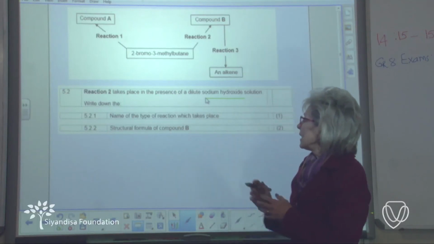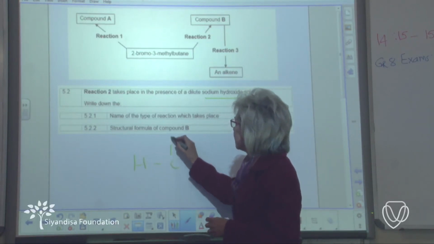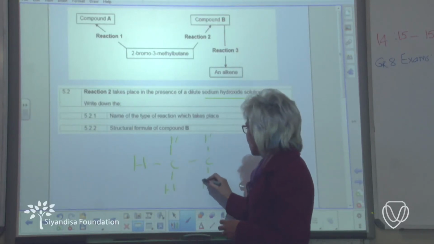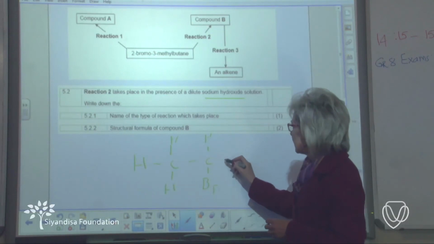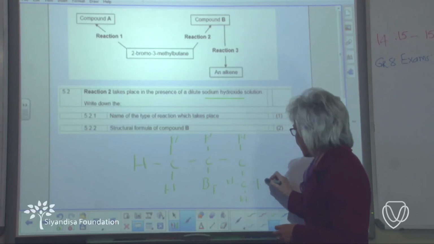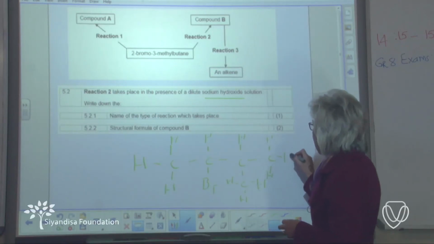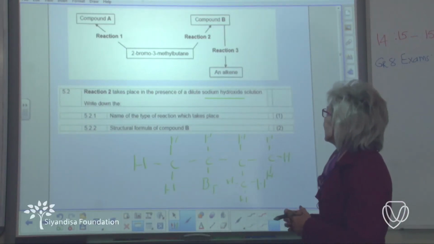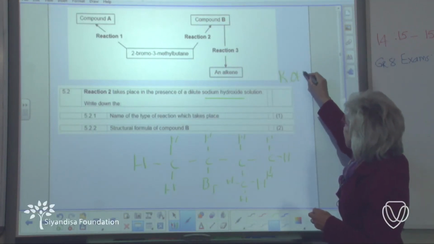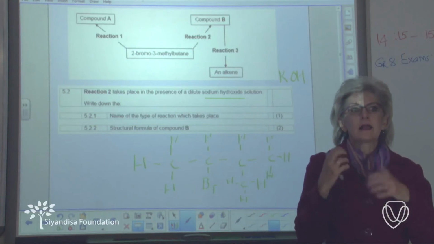The structural formula of compound B. So I first just redraw the original. You do not need to do this in the exam, of course, because you will have this now in your previous answer. The methyl group as separated structural formula. So this is what I had. And to this one, we add sodium hydroxide solution. So remember what we are adding is NaOH. And what I told you before, I am looking for the thing that is not a haloalkane.